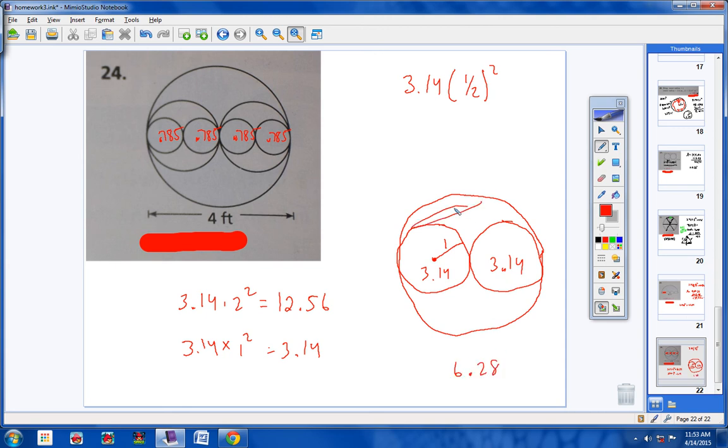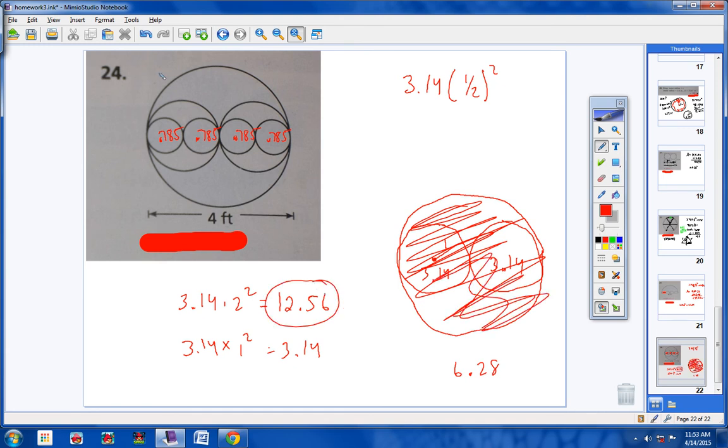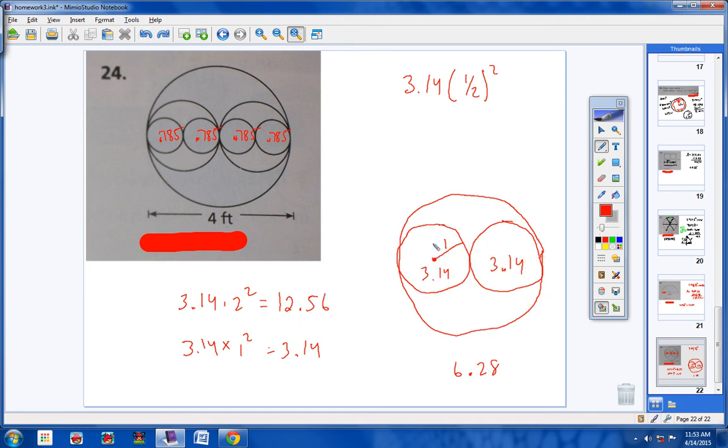So the entire area of this whole big circle is 12.56. The total area of these two smaller circles here is 6.28. Subtract those two out, okay? Subtract out 12.56 minus 6.28, and you're going to get 6.28.